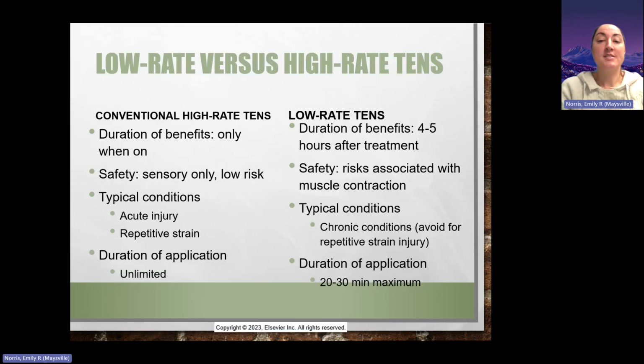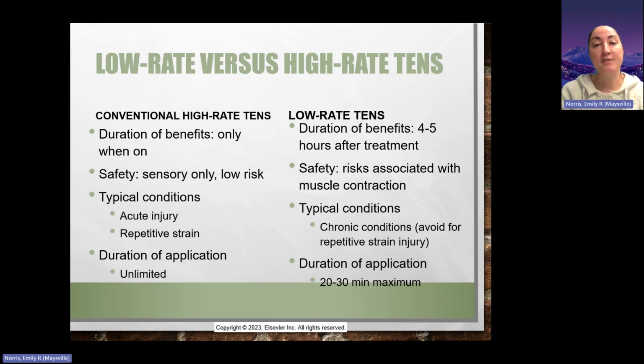All right, low rate versus conventional. With conventional, you feel the benefits only when it's on, versus low rate, you can have benefits for up to 4 or 5 hours after the treatment has finished. There is very low risk to conventional TENS. It's sensory only. It's not creating a motor response, versus with the low rate TENS, it could cause delayed onset muscle soreness, or if there is a very fragile tissue, it could possibly tear that tissue again if it's turned up too high.